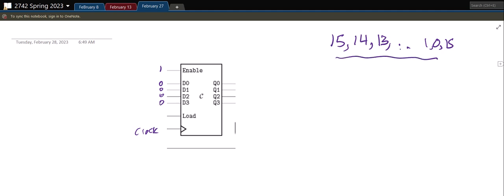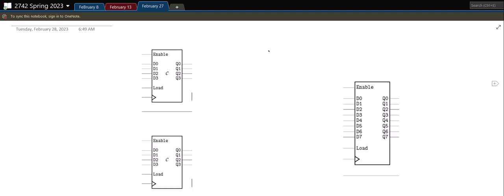This is the full sequence. We don't need it to detect anything and then stop. It's doing all of our numbers from 15 to 0 and then starting back over. All we have to do is complement them. And that's it. And that's this one.